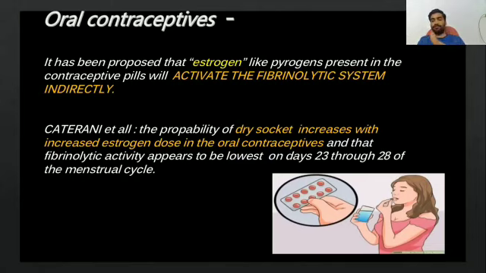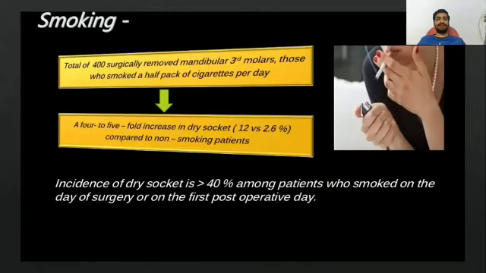So if you ever have a woman on whom you are doing an extraction and you fear that dry socket may occur, then you can conduct the extraction between the 23rd to 28th day of the menstrual cycle.